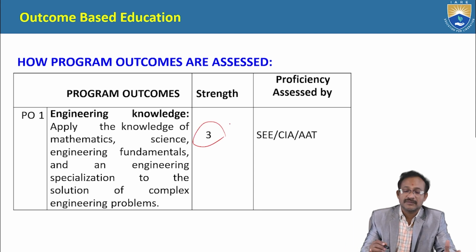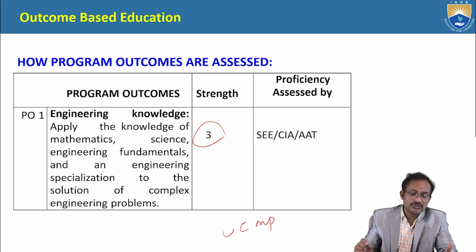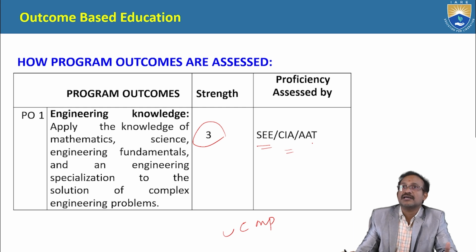If the key parameters associated to this unconventional machining process are a good number, then for engineering knowledge the strength is 3 here. That means most of the key parameters are associated to engineering knowledge. Here proficiency is assessed by semester end examinations, continuous internal assessment, and alternative assessment tools, particularly tech talks or video presentations by the students.